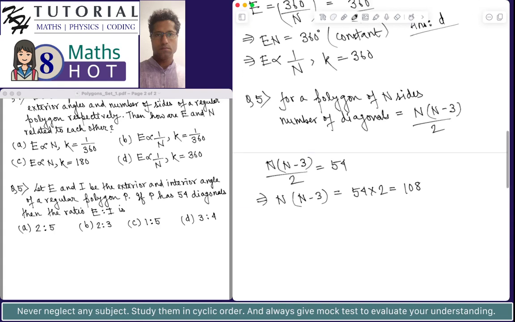Now from basic arithmetic, we have to create two factors of 108 so that the difference is 3, because the left hand side is n into n minus 3.